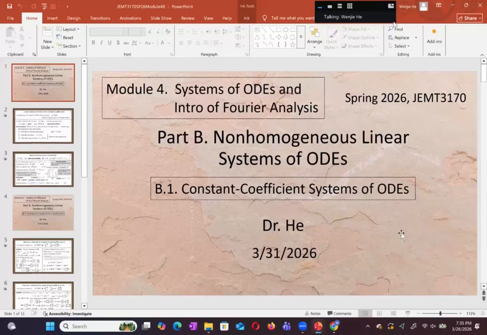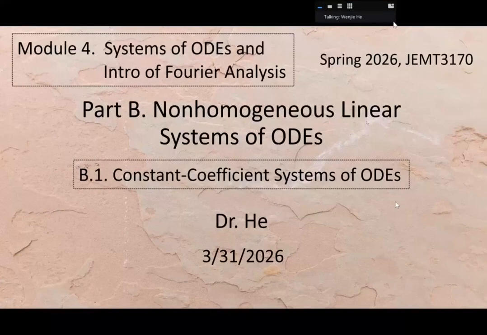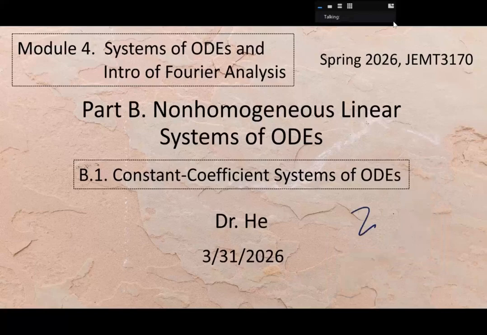Part B, we want to study the non-homogeneous linear system of ODE. So we want to study more cases. B.1, constant coefficient system of ODEs.